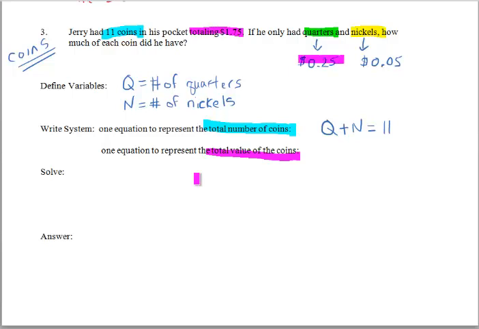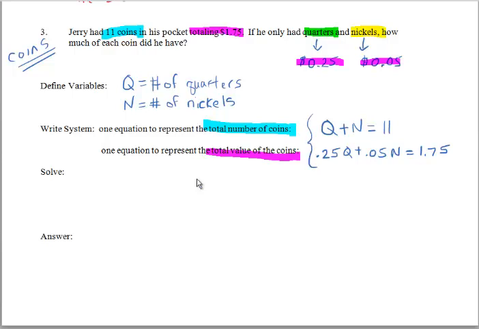And that's where I'm going to use the values of my quarter and nickel. So a quarter is worth 25 cents, so 0.25Q. A nickel is worth 5 cents, so 0.05N. And this gives you a total of my $1.75. So this is my system.